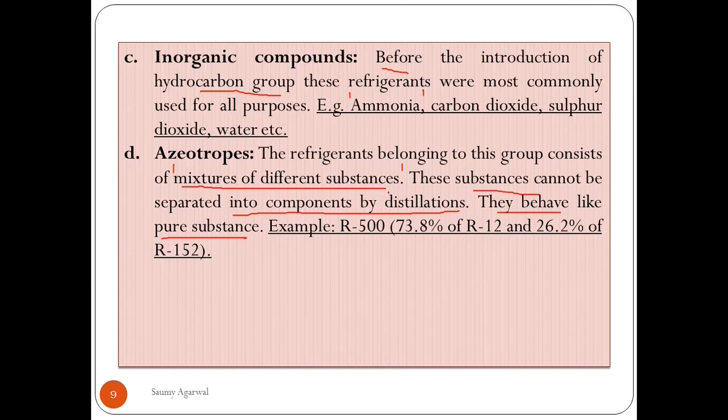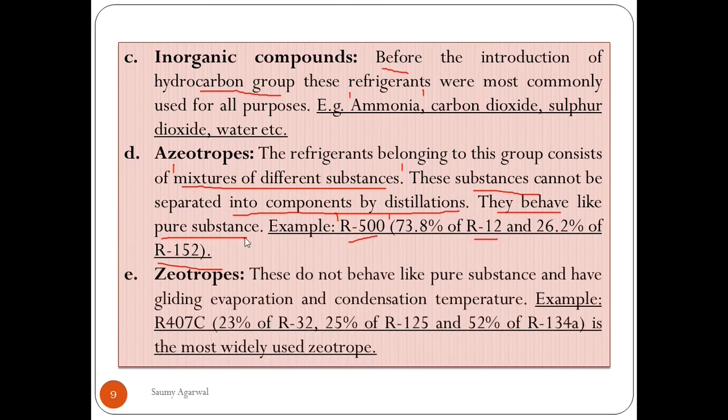An example is R500, which is a mixture of R12 and R152, having concentrations of approximately 74% and 26% respectively. So azeotropes start with the 500 series. Any refrigerant which is of the 500 series can be termed as an azeotrope or azeotropic mixture.